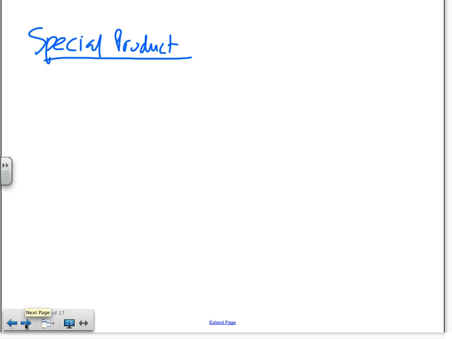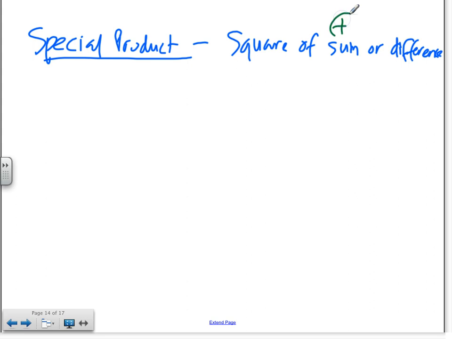For the special product today, I like to call this the squares of sum or difference. By the way, of course, you know that sum means addition and difference means subtraction. Okay? So, special product case number 1, square of sum or difference.